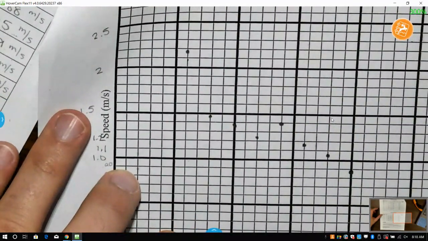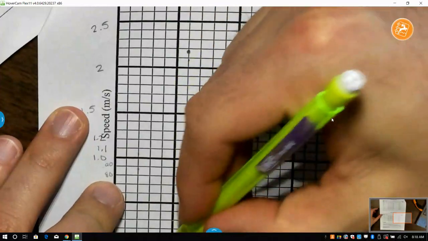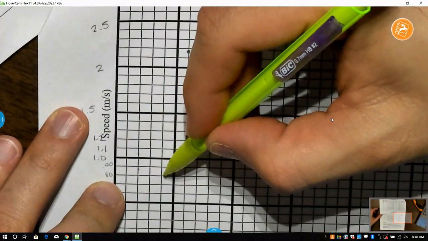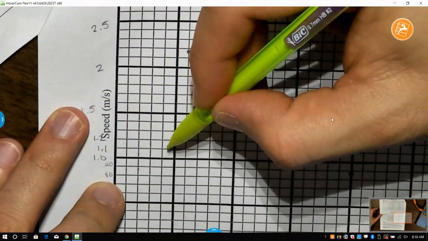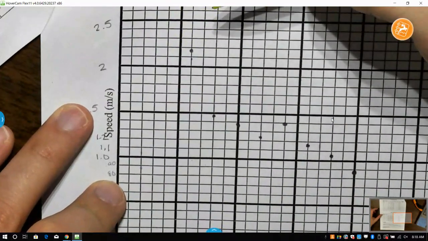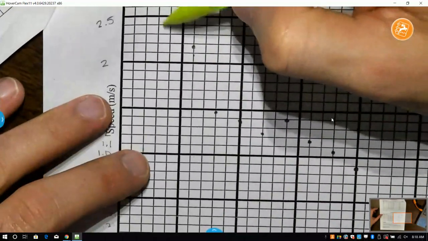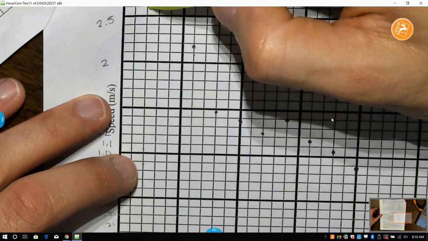And then our last data point that we have here is a 2.6. Wait, no, that was 3. That's 2.6, so somewhere up around here.